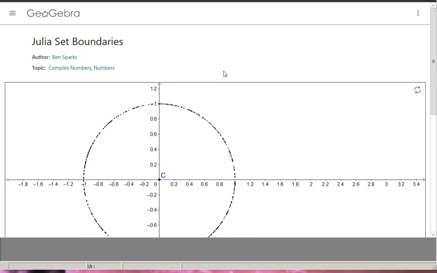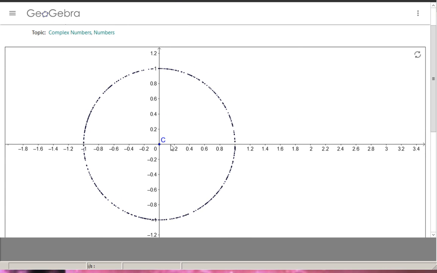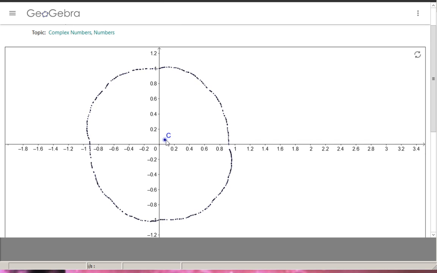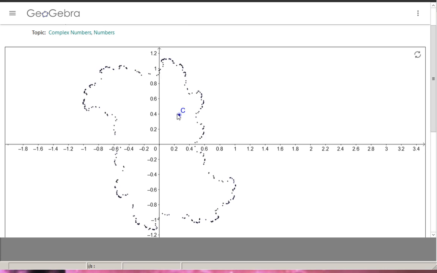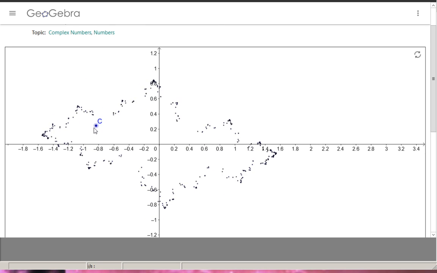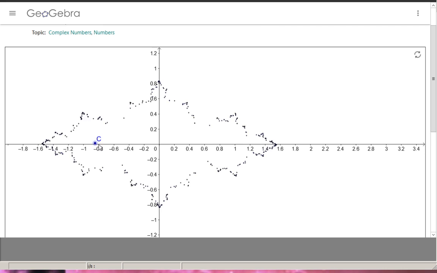This graph right here, we were talking about how this is the boundary set for the Mandelbrot set. These are the boundary layers.